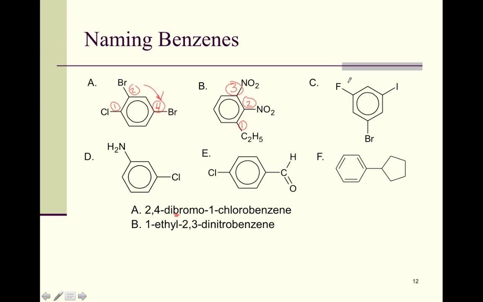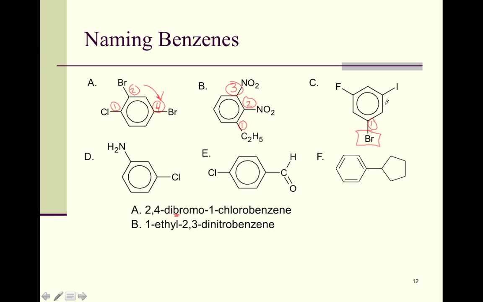For letter C, we have a 1, 3, 5 situation no matter where I start. Take a look at that. So they're equal priority. Where do you start? Well, alphabetically, Br comes first. So we're going to start here. This is going to be carbon number 1. Now, do I go clockwise or counterclockwise? Well, in the clockwise or counterclockwise direction, I get the same number.